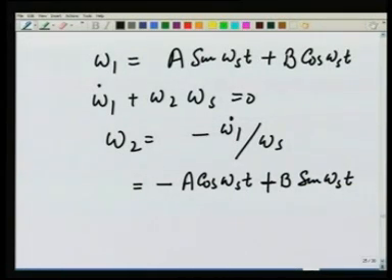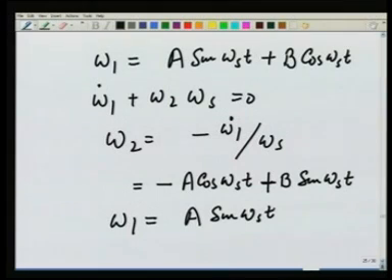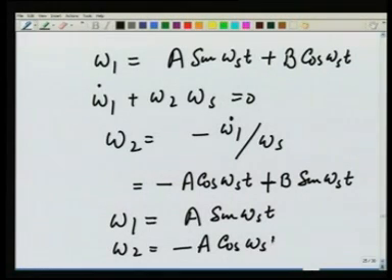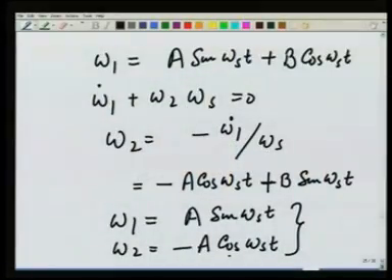I can always choose my time in such a manner that omega 1 is like a sine omega s t, that is at time t equal to 0 omega 1 is 0 and omega 2 is equal to minus a cosine of omega s t. So, omega 1 and omega 2 are actually changing periodically.